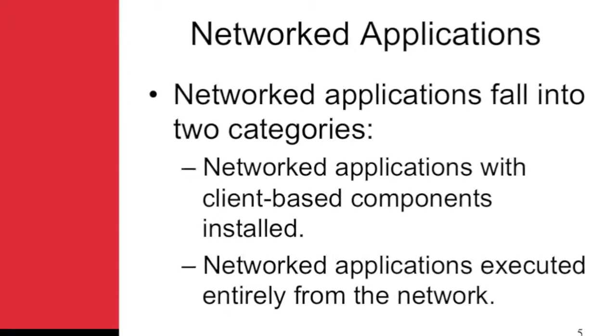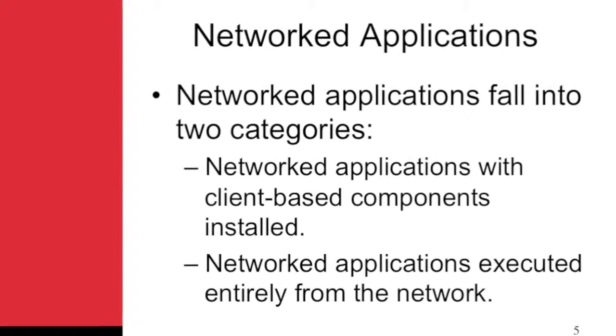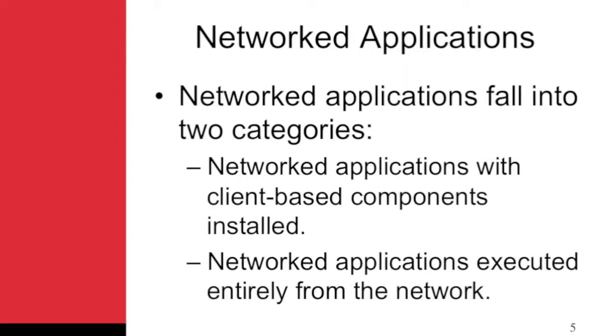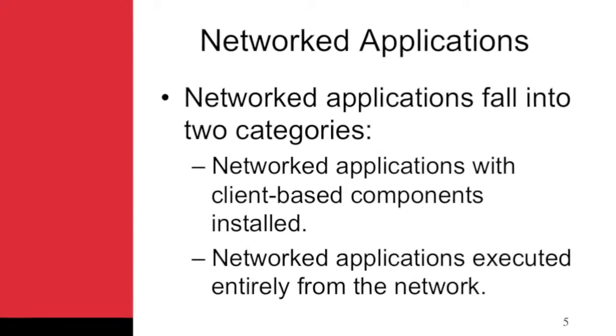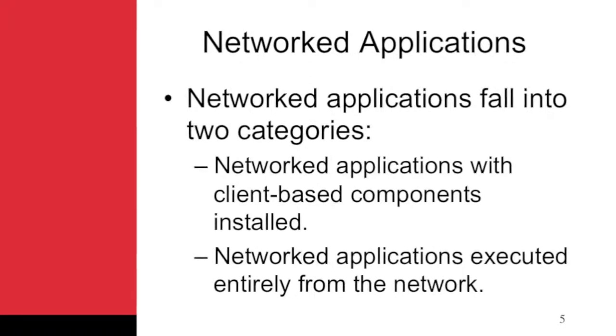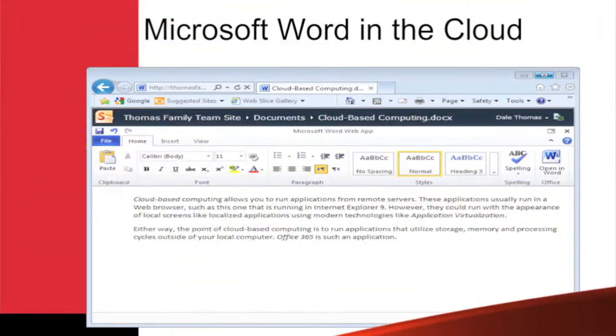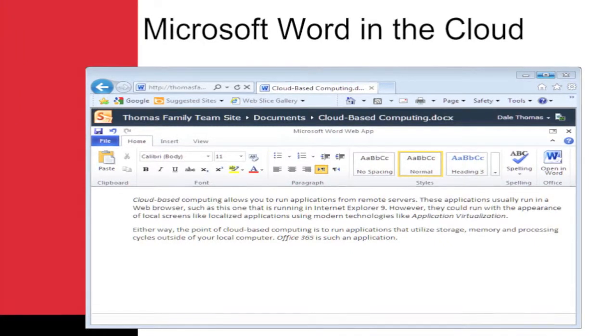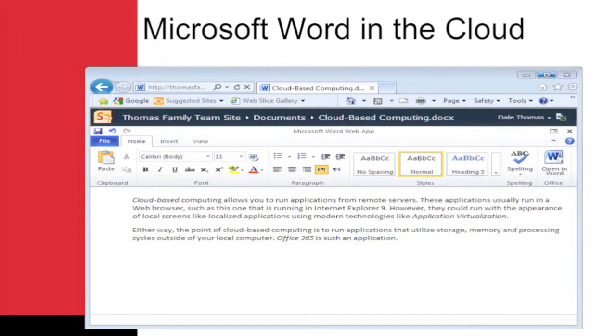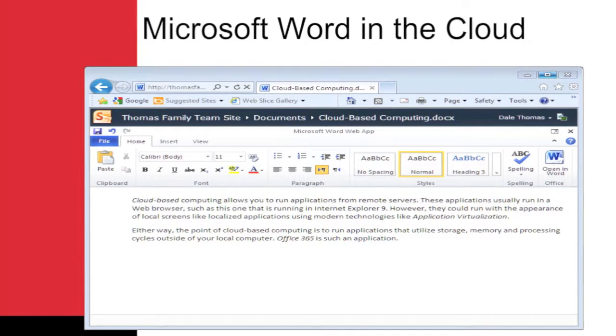Networked applications fall into two categories: networked applications with client-based components installed, and networked applications executed entirely from the network. Cloud-based applications run on networked computing infrastructures, and you see the results of their execution. The applications are not downloaded to your local machine.